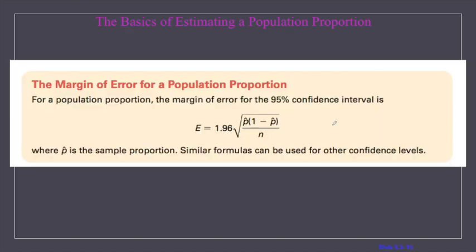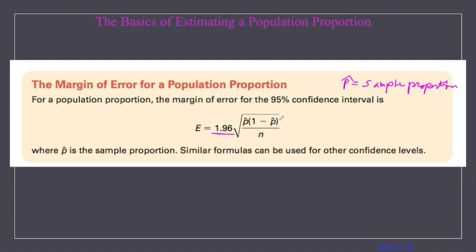So, the margin of error for a population proportion is going to be 1.96. Remember, that's how many standard deviations we need to have the middle 95% of data, times p hat. This is our sample proportion times 1 minus p hat.